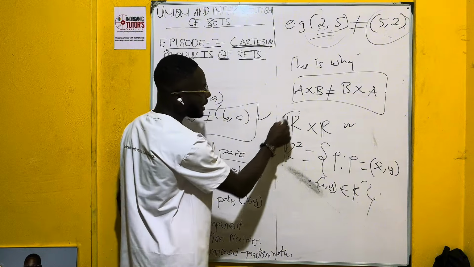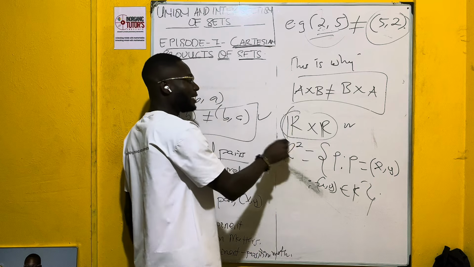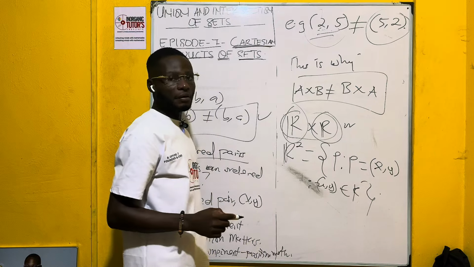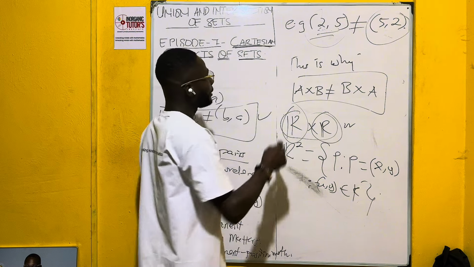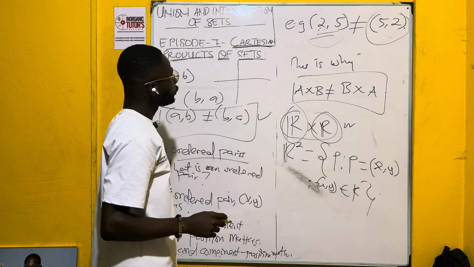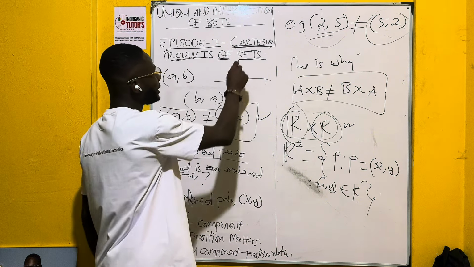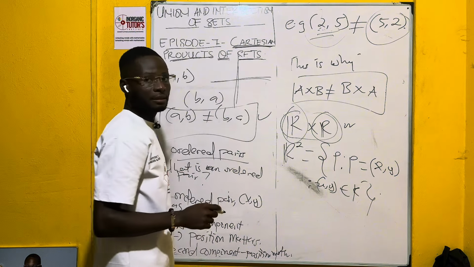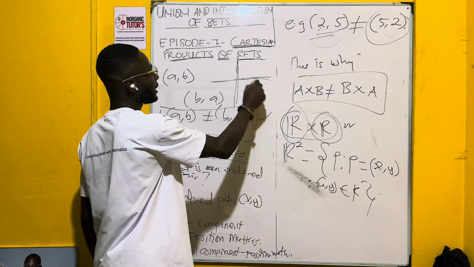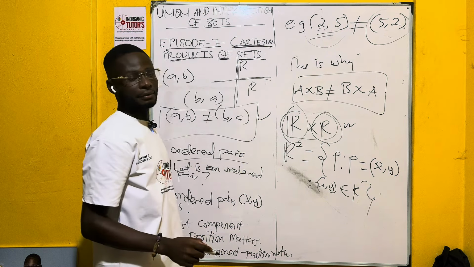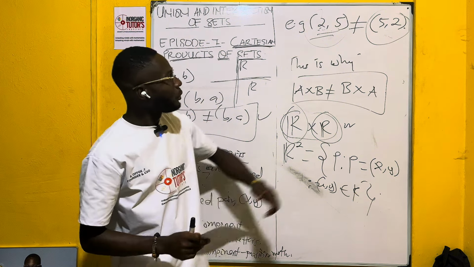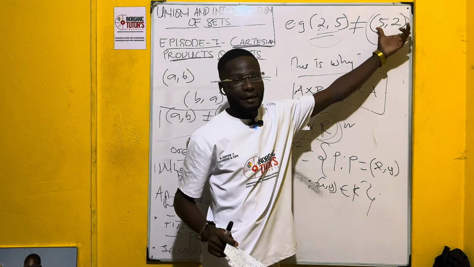Now, in this R cross R, the first R stands for X and the second R stands for Y, because we are dealing with two dimensions. So this is X and this is Y, the first R and the second R. Realize that we keep getting pairs.